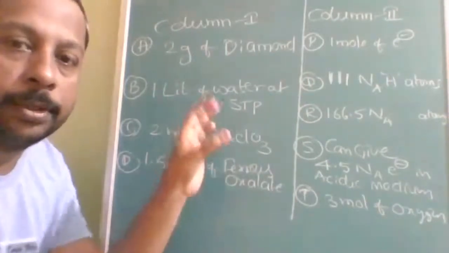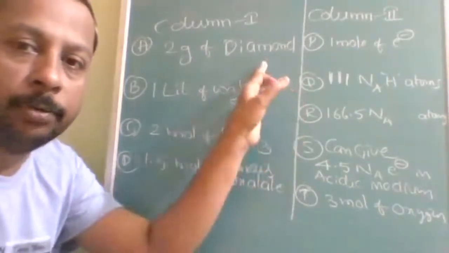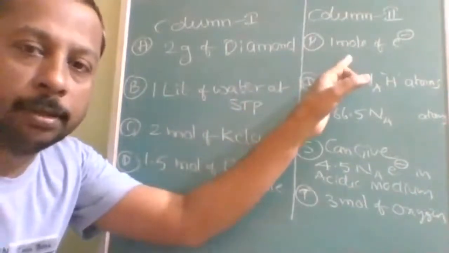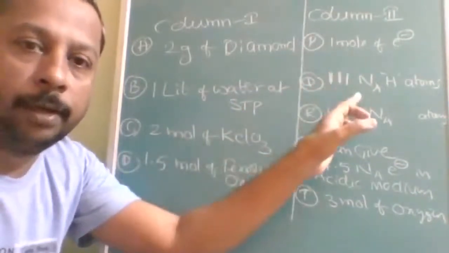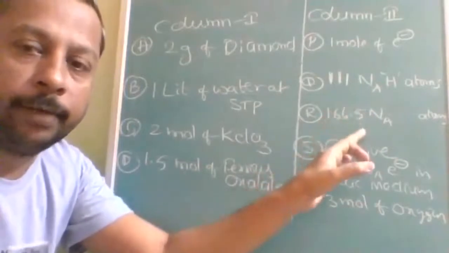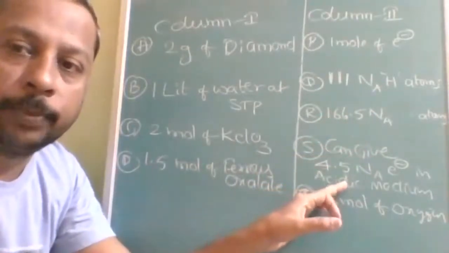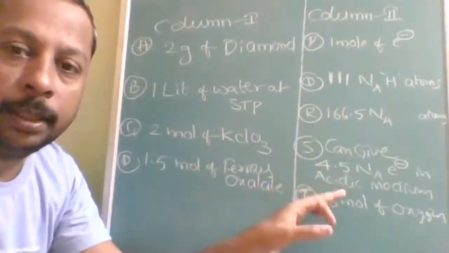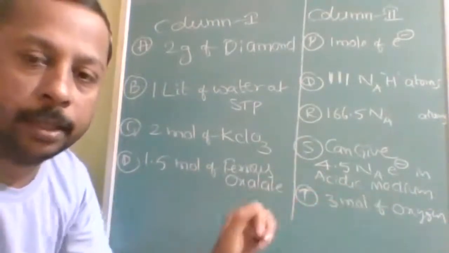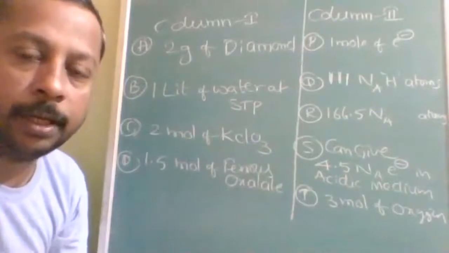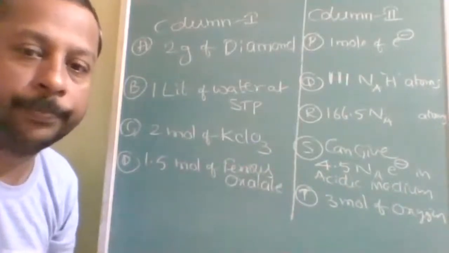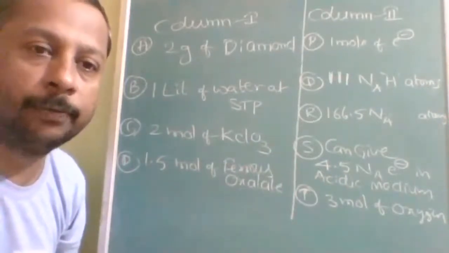Try to check the answer. Like diamond, you take it and try to find the number of electrons. You need not verify with the hydrogen atoms, you can verify with the atoms. Electrons in redox, I don't think it is possible because it is not participating in any redox reaction. Like that, verify all aspects. Let's see who will give the fastest answer.